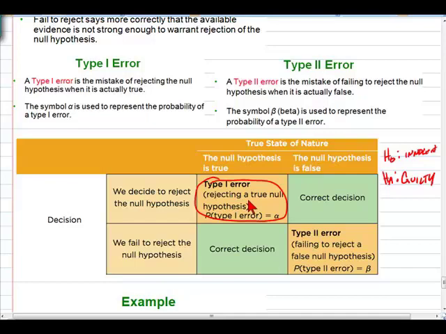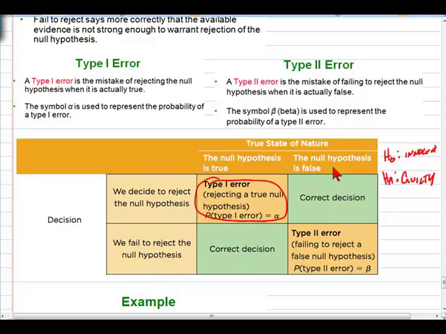We rejected the null hypothesis when it was true. That means we put an innocent man in jail. If we reject the null hypothesis and the null hypothesis is false, we made a correct decision. Go over to the next column. If the null hypothesis is true, that means the person really is innocent. If we fail to reject the null hypothesis, we found the person not guilty, we made a correct decision.